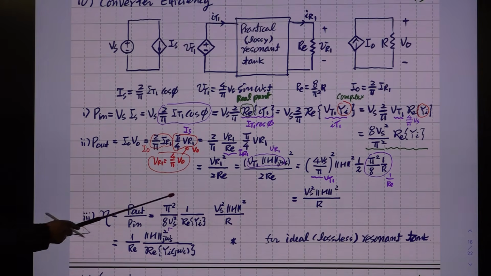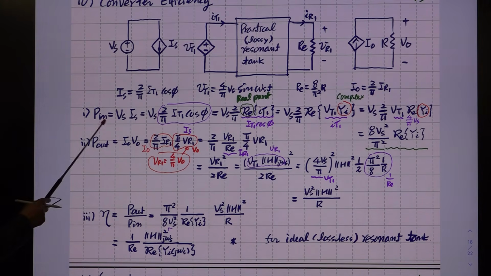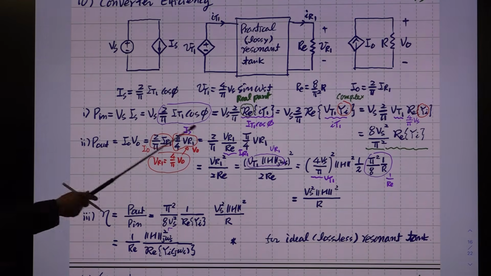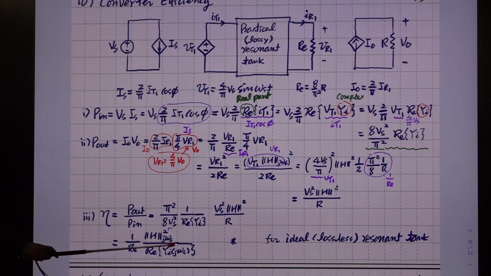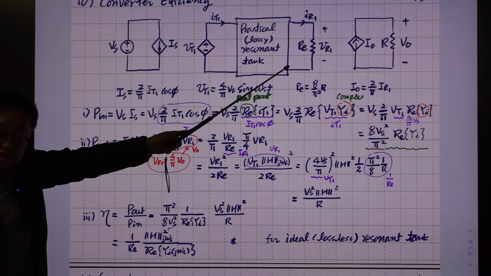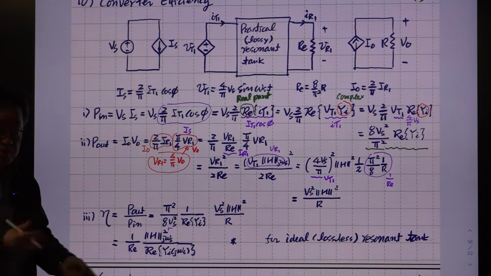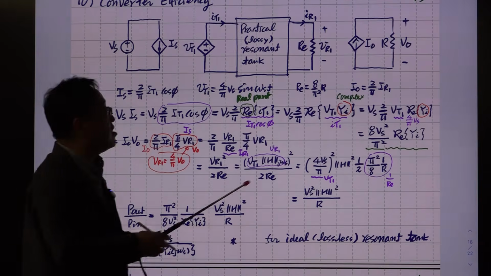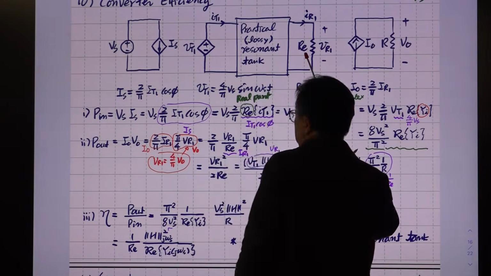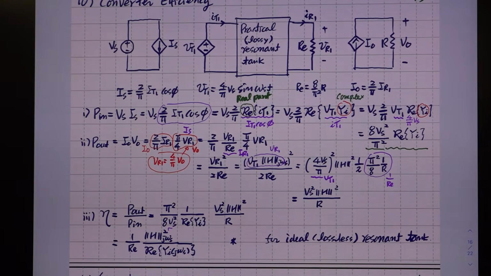This one is the inverse of P in, because P in is coming in the denominator. So you need to invert this expression, and this is P out, right? Then everything simplifies. The final result is this RE, this effective resistance. Since at this port you have some scaling factor, pi squared divided by 8 is coming here, okay?